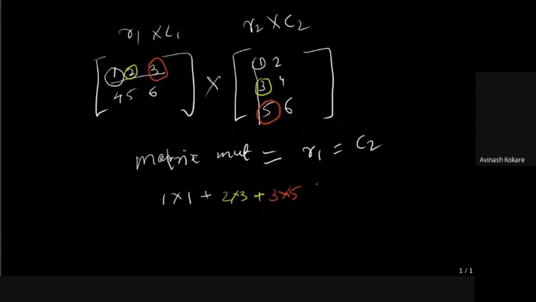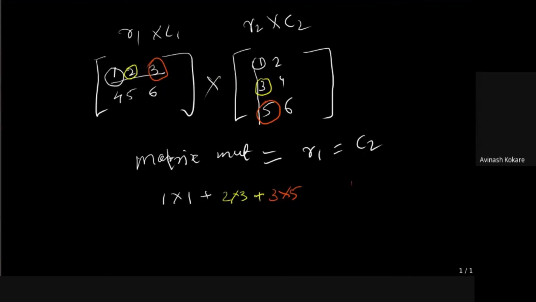So 1 into 1 is 1, plus 6, plus 15, so 22. This will be your first term that will be calculated.